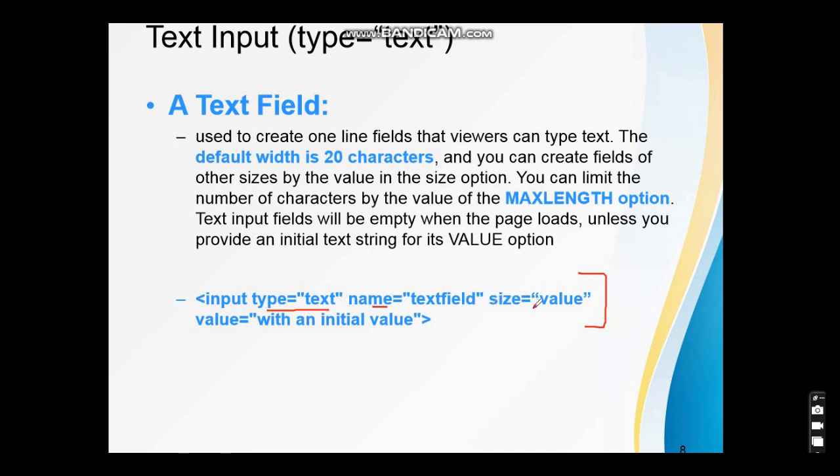Next we can specify size, and value: whenever the page is loaded onto the web browser, if we do not want that text field to be kept empty, then we need to specify something in this value attribute.